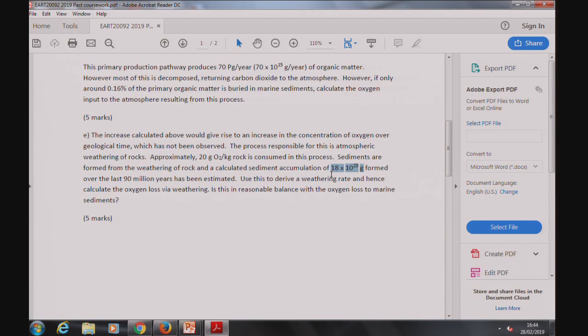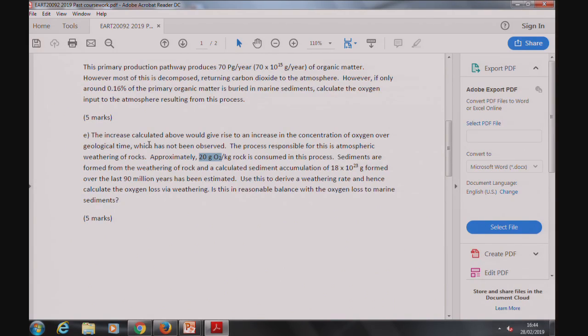And so the other number to use is approximately 20 grams of oxygen per kilogram of rock is used. Because we've got the kilograms of rock per year as a weathering rate, we can multiply this number by that 20 to get the oxygen consumed. 20 times 20 times 10 to the 12 is 400 times 10 to the 12, which is 400 teragrams per year.